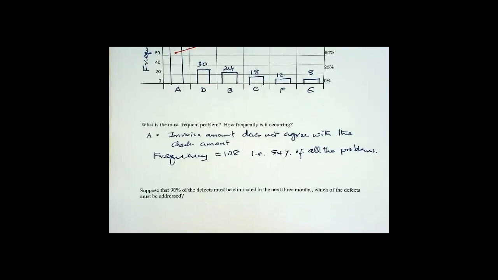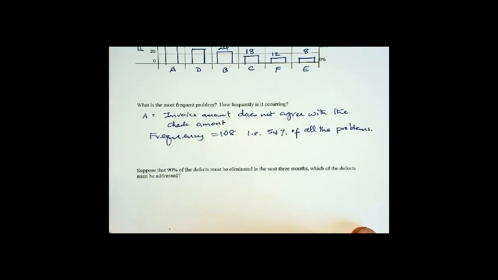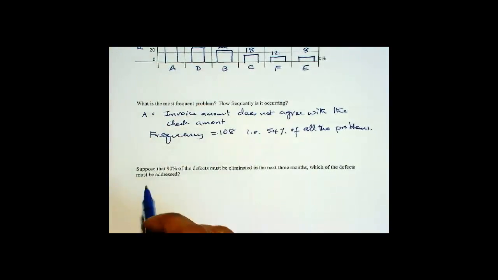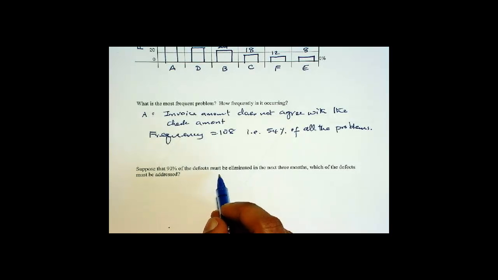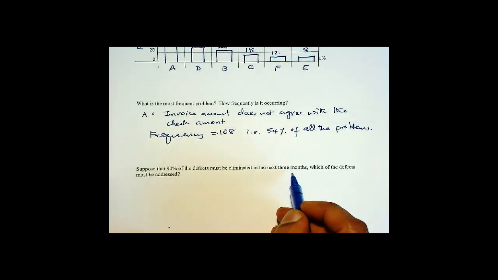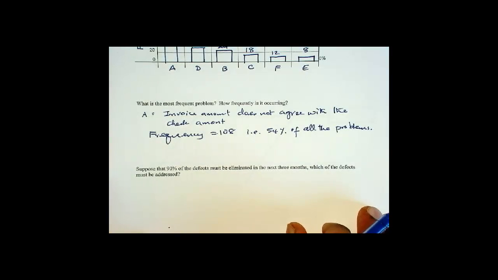Now let's look at another question that we can answer with the Pareto diagram. Suppose that 90% of the defects must be eliminated in the next 3 months. Which of the defects must be addressed?